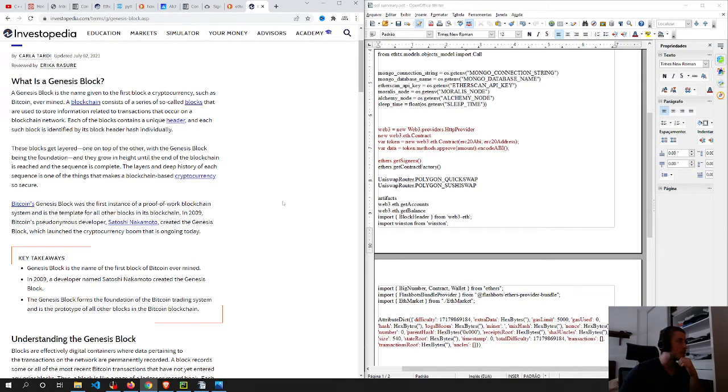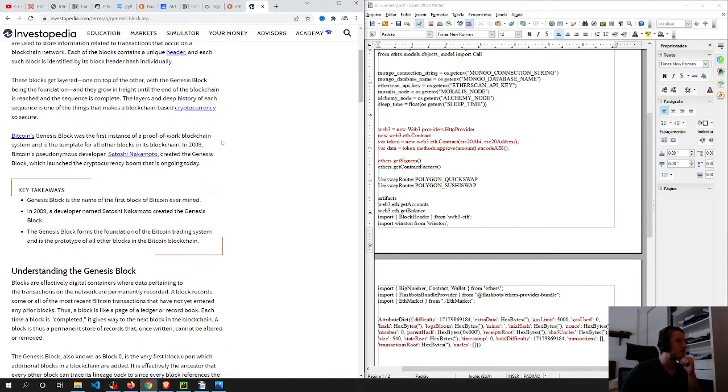So probably the Genesis block is the root of all Merkle trees, branches. There's a unique header, and each such block is identified by its block header hash individually. These blocks get layered one on top of the other, with the Genesis block being the foundation and the growing height until the end of the blockchain is reached and the sequence is complete.